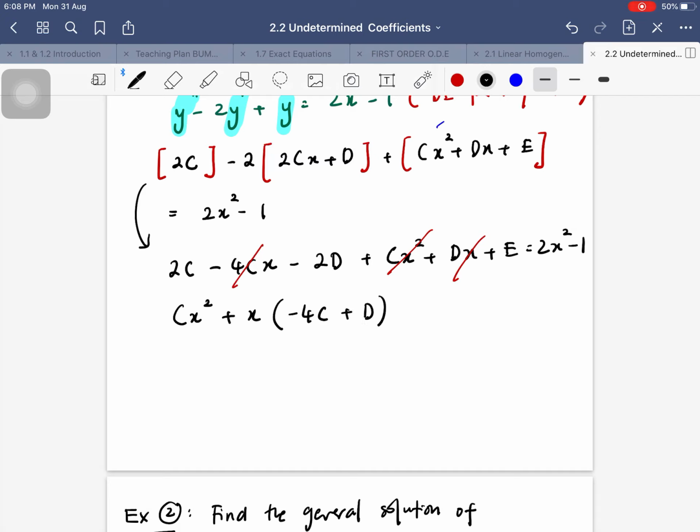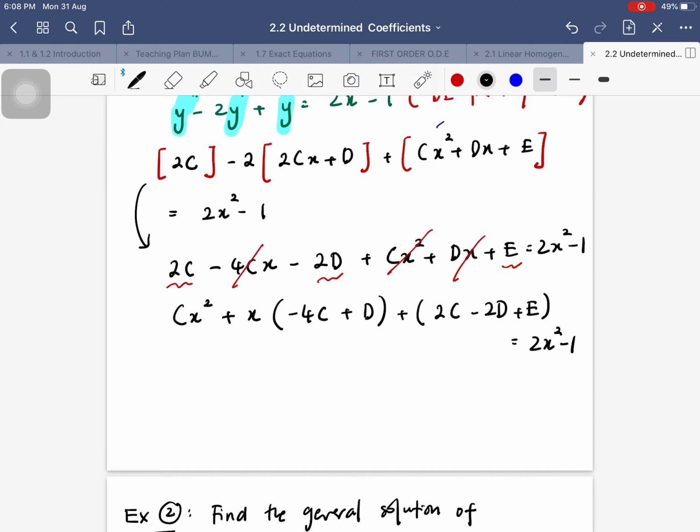Okay, so that is going to be the term that are related to x to the power of 1. And then I'm going to collect all the terms that are constants. So these terms, they don't have variable, so they are actually constants, and they're going to be given by 2c minus 2d plus e, and that is going to equal 2x squared minus 1.